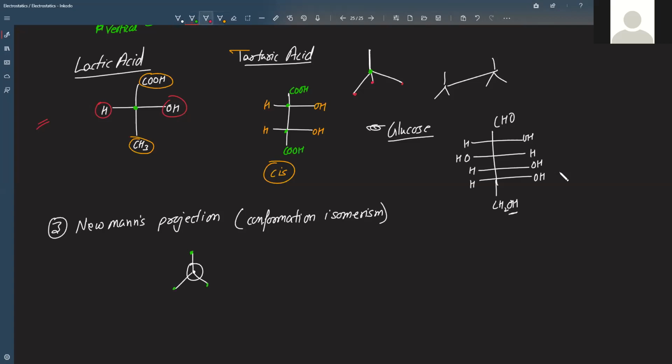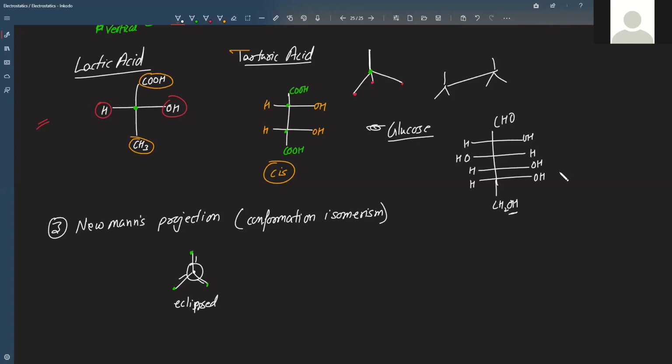And if I have to show the eclipsed version, they are just behind this. They are totally eclipsed, so you won't be able to see them, but we have to show them to make you understand that there are three in the back as well. This form is called the eclipsed form.